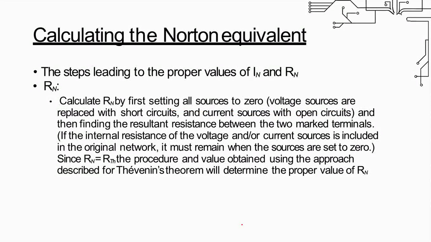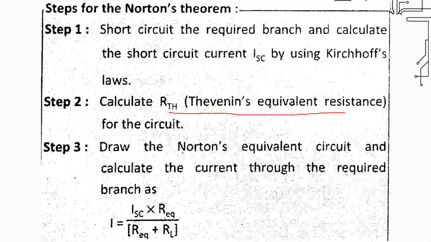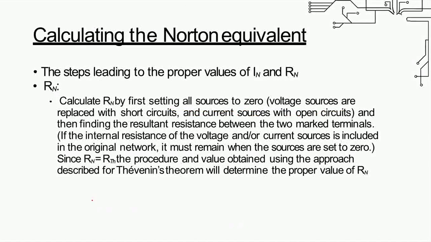Now how to calculate that RTH or RN, that is Thevenin's equivalent resistance or Norton's resistance RN? So here I have mentioned the steps. To calculate Norton's resistance RN, we have to first make all our sources zero. But how to make zero?